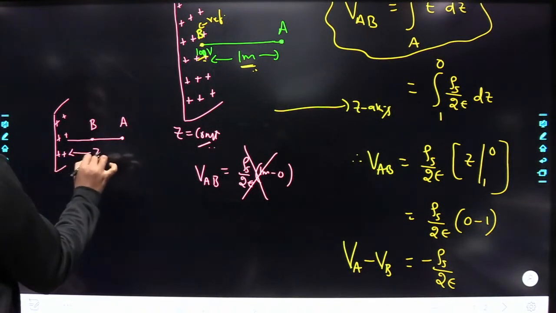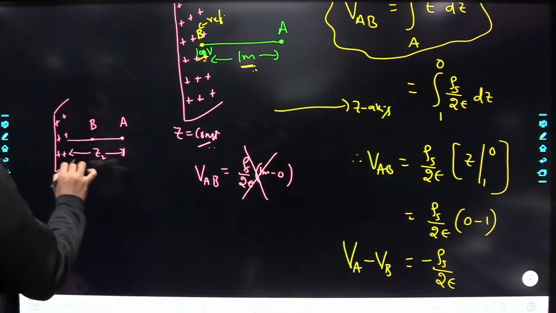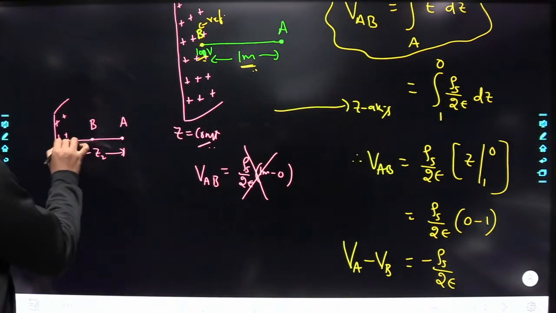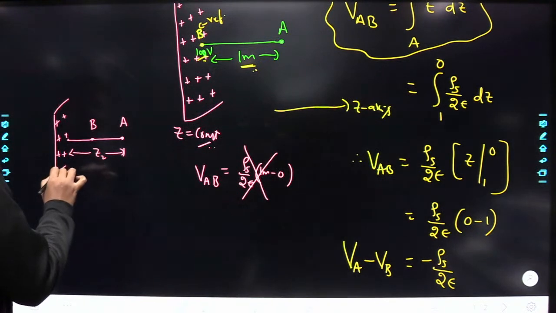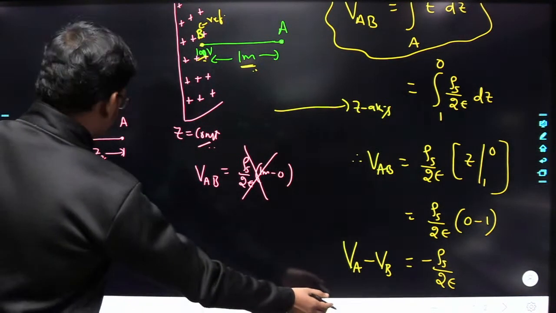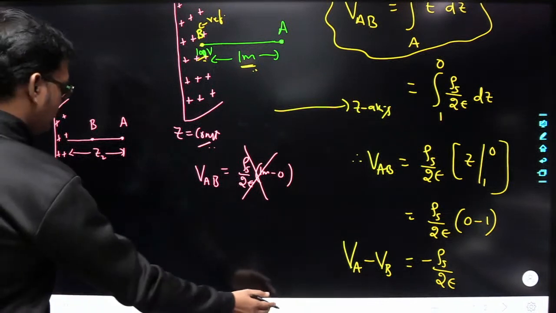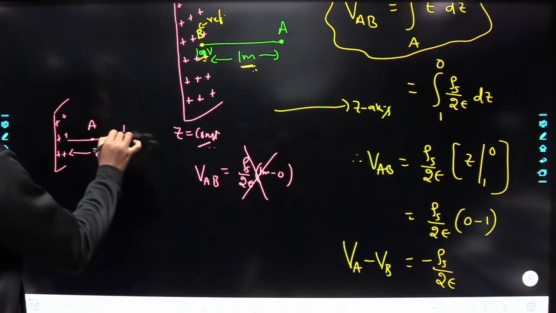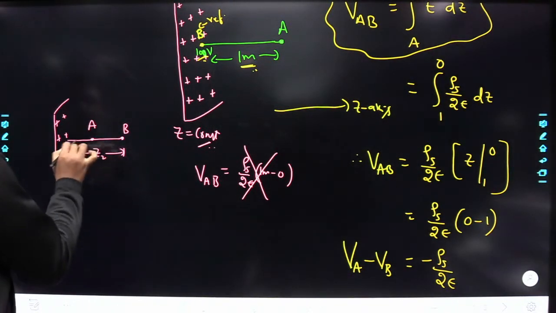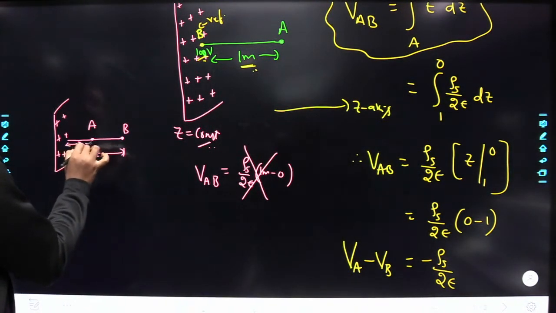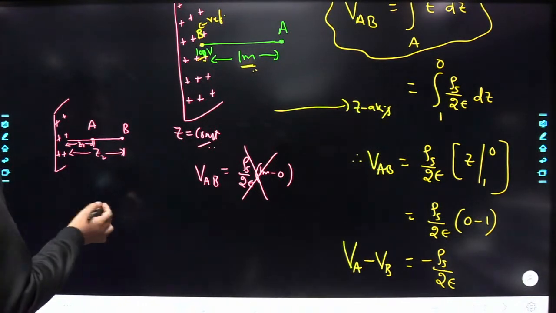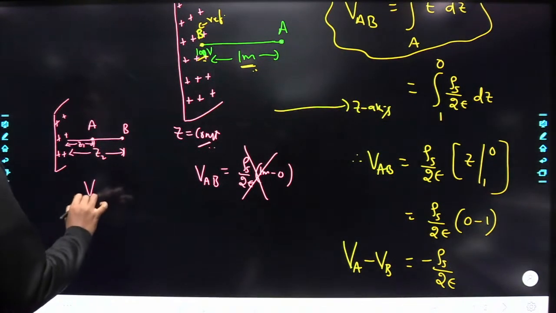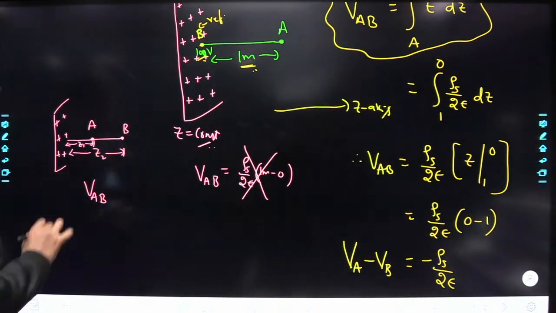We considered this as point A and this as point B. The distance from here to here is Z1, and from here to here we got Z2. Okay, so we want to determine the potential at A with reference to B. Understood?